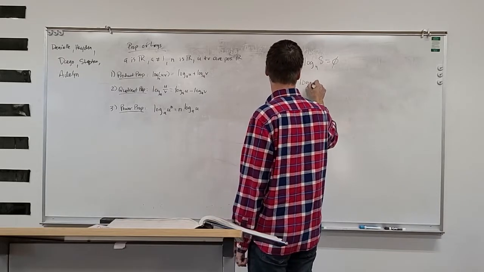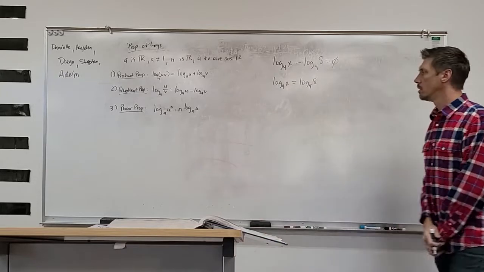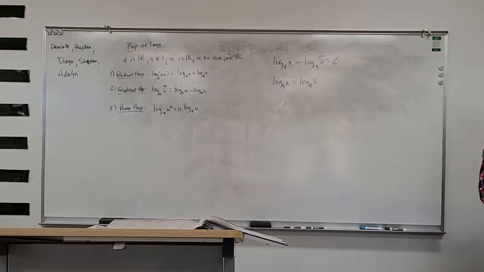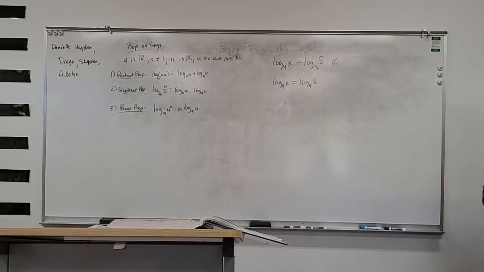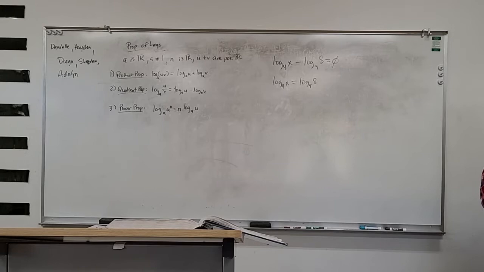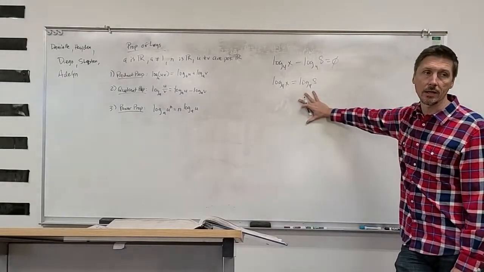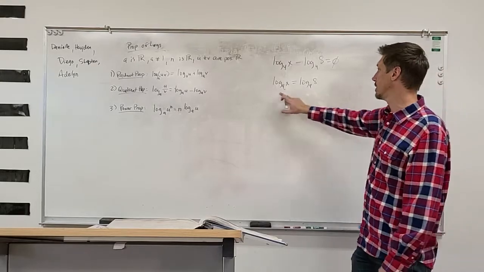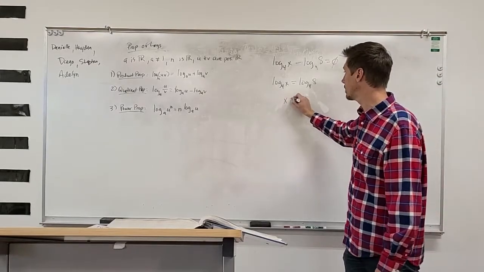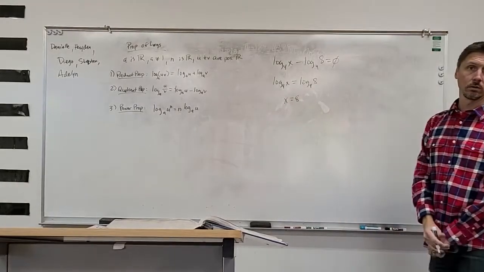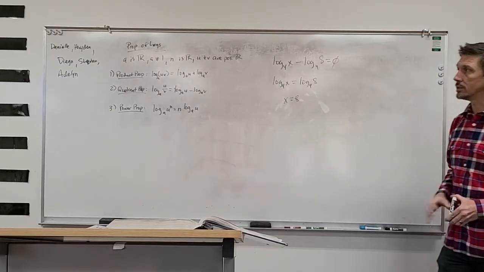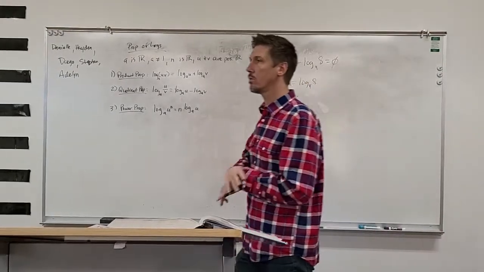So this is the same as log base 4 of x equals log base 4 of 8. Does that make sense to you guys? Simple, right? And so now one of the properties that we learned when we were looking at the properties of log functions is that if this is true, then we know that x just equals 8. Right? So we're using all of this stuff. You're going to want all of this stuff.